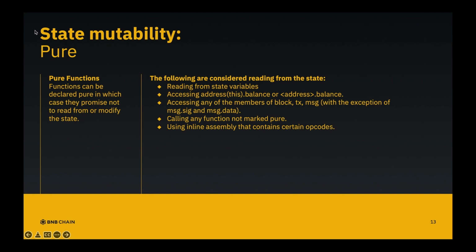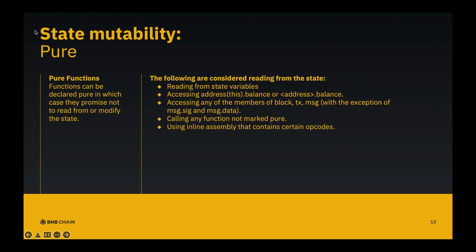Reading the state is defined as follows: reading from state variables, accessing address this.balance or any address.balance, accessing any member of block, tx, or message, but you can access message.sig and message.data, calling any function not marked pure, and using inline assembly that contains certain opcodes. These are understood as reading from the state, and if you do this, it's not called pure, otherwise it can be.